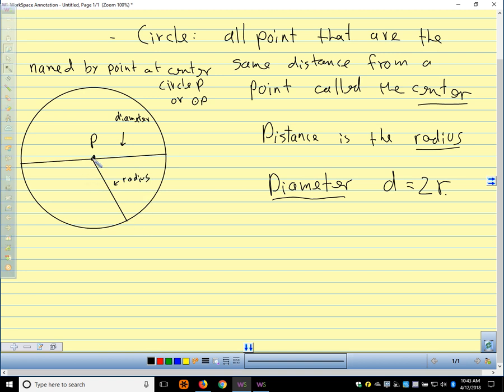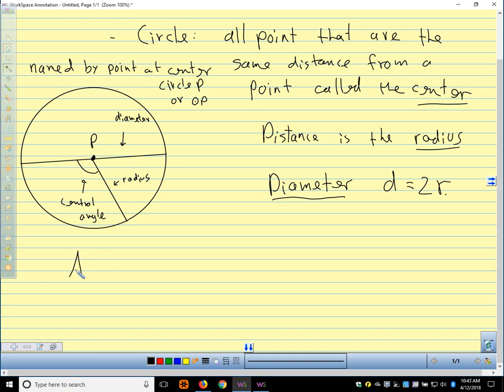And an angle between two radii is a central angle. All right, so we're good with our pieces.